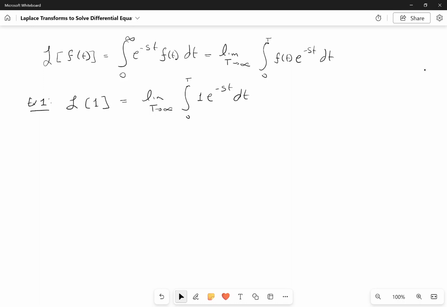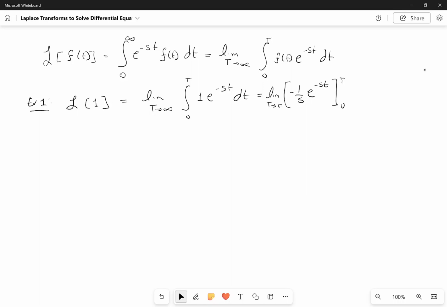It's 1 over a e to the at. So this becomes negative 1 over s e to the negative st, and we keep the limits here: limit as t goes to infinity, 0 to t.